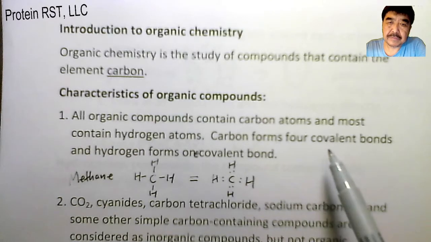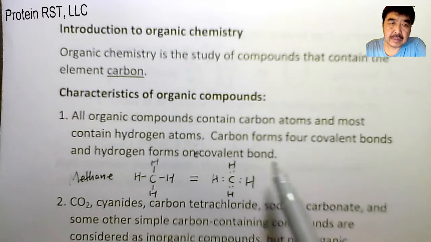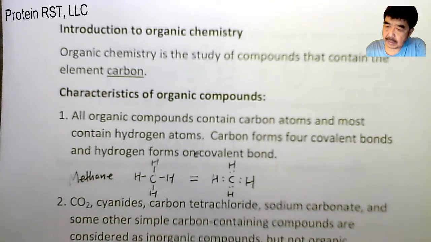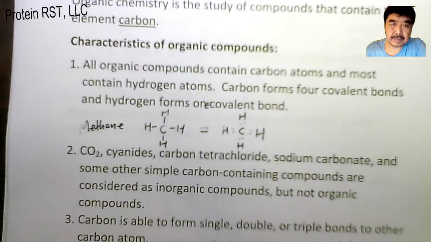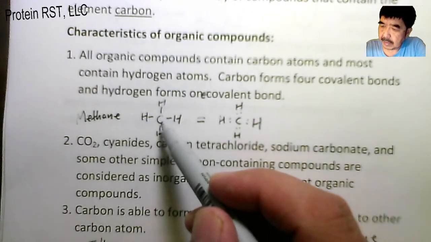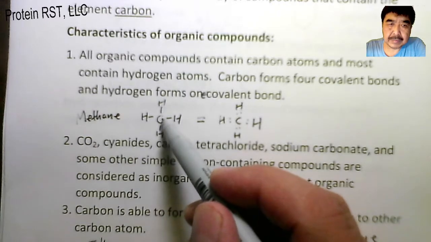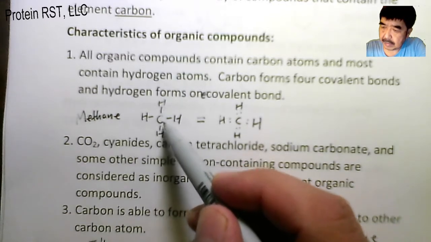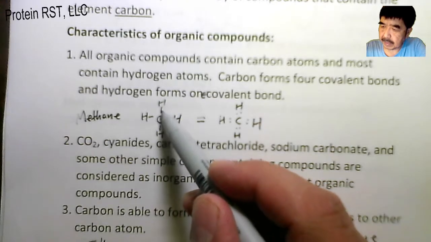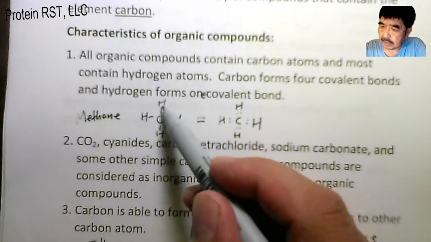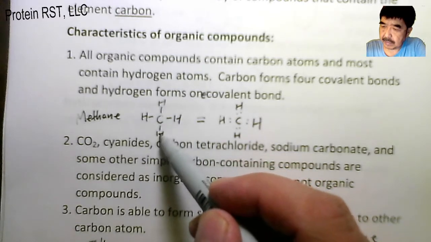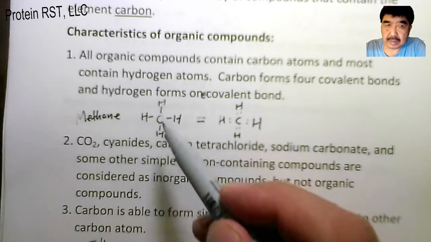Carbon forms 4 covalent bonds, and hydrogen forms 1 covalent bond. Okay, the example is methane here. You can see methane is a one-carbon molecule. It has 4 hydrogens, and carbon forms 4 covalent bonds with the 4 hydrogens, and each hydrogen forms 1 covalent bond with carbon.